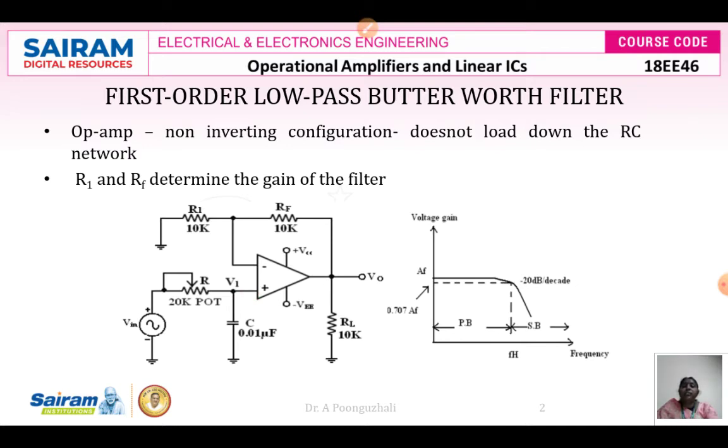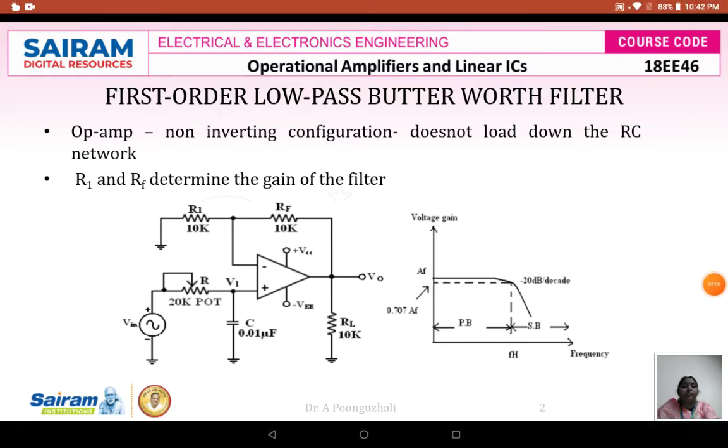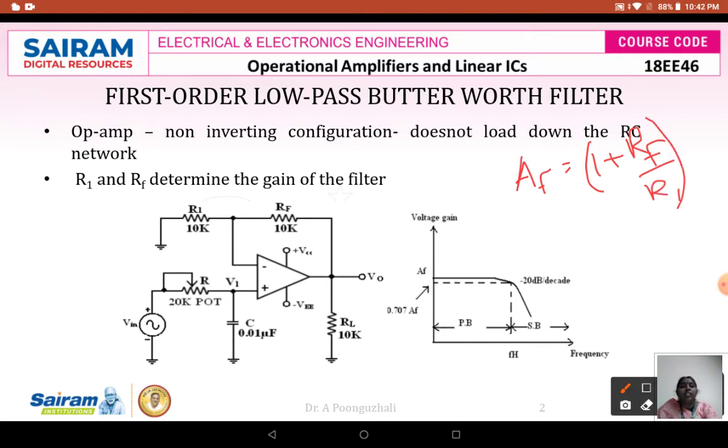Next, we are supposed to find the output voltage and the gain AF. Generally we write AF for the non-inverting configuration, so the gain is going to be 1 plus RF by R1, into the input voltage, which is the voltage at this point, V1.